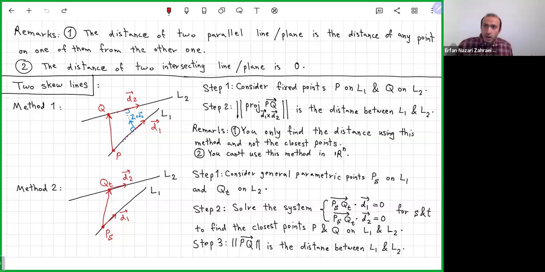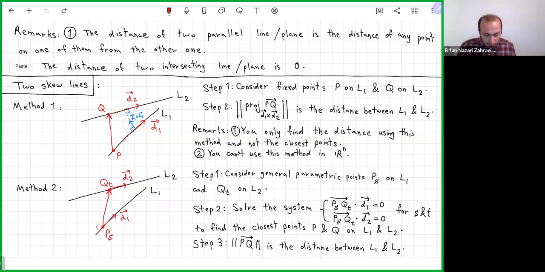So if you are in Rn, or if you also want the closest points to each other, then you should use method 2, which conceptually is even easier, but computationally is usually slower than method 1. What is method 2? Consider two parametric points on the lines, not fixed points.